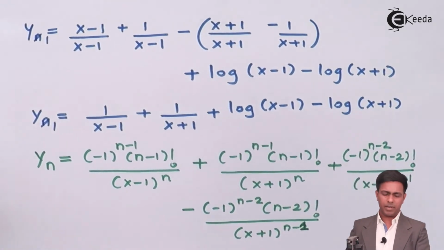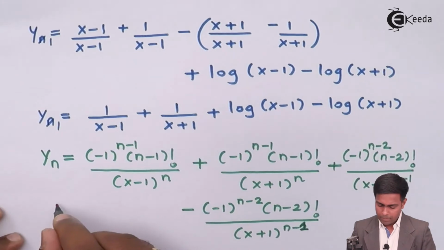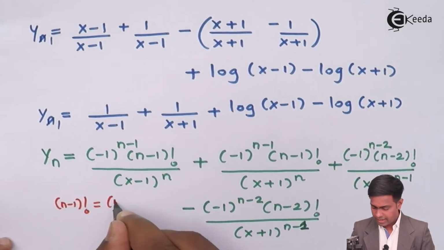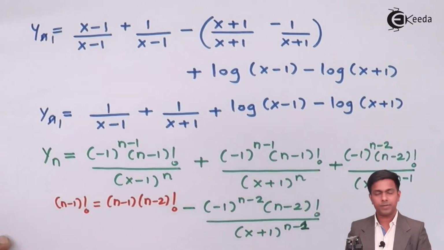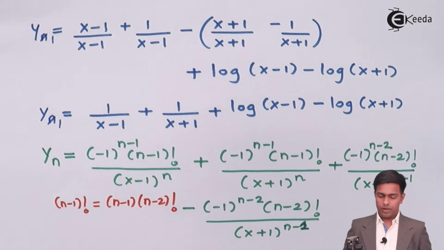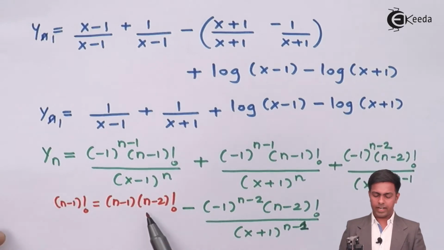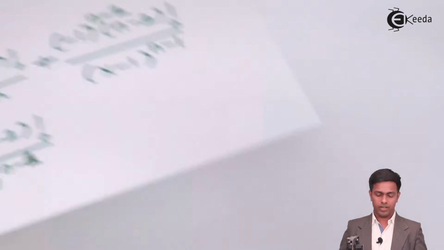Next we have n minus 1 factorial. Now what is n minus 1 factorial? Let me show you. N minus 1 factorial is n minus 1 into n minus 2 factorial, since we generally reduce the term by 1 while finding the factorial. Out of that we have taken n minus 2 factorial common, so only n minus 1 will remain in the bracket.